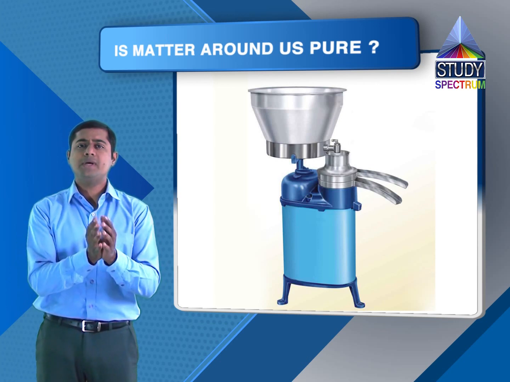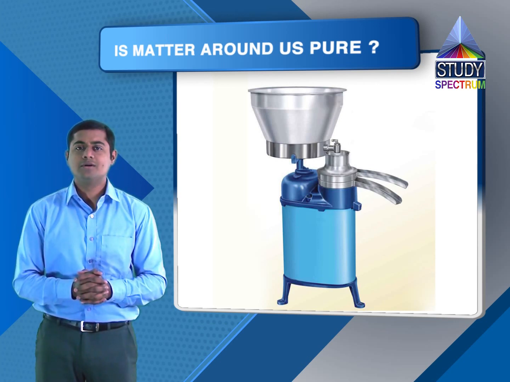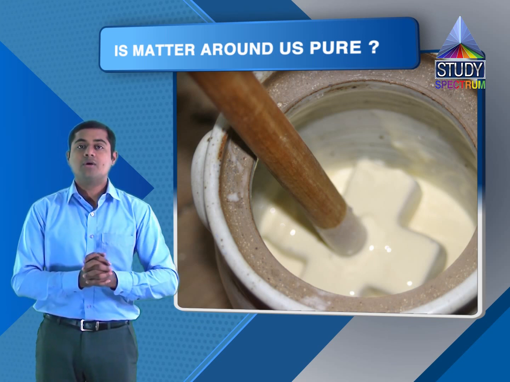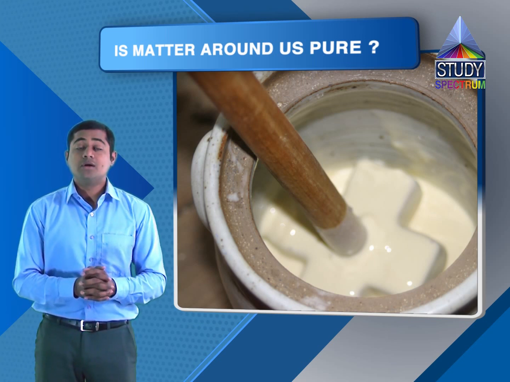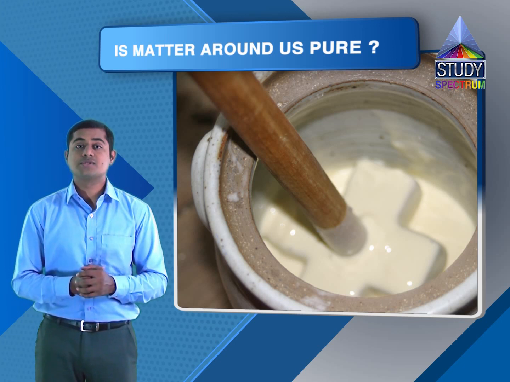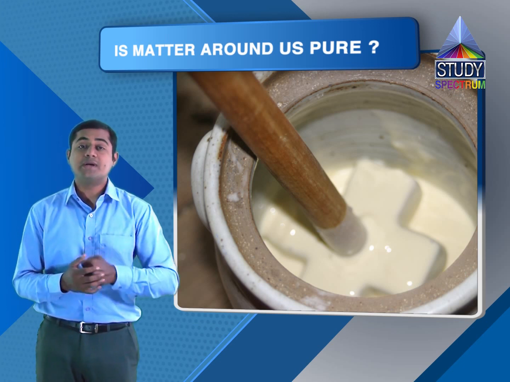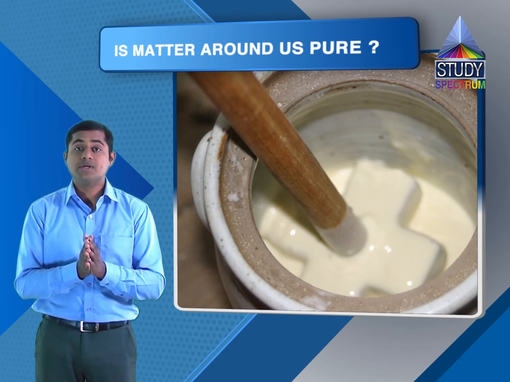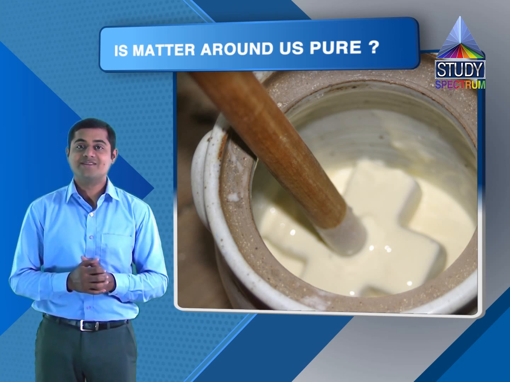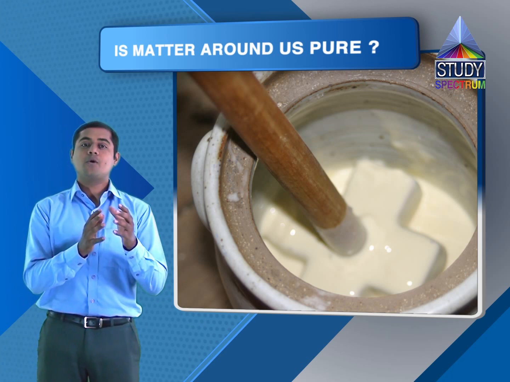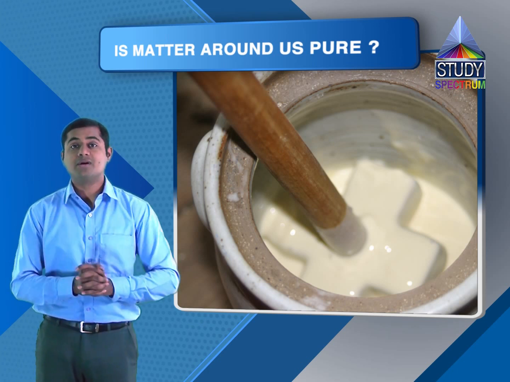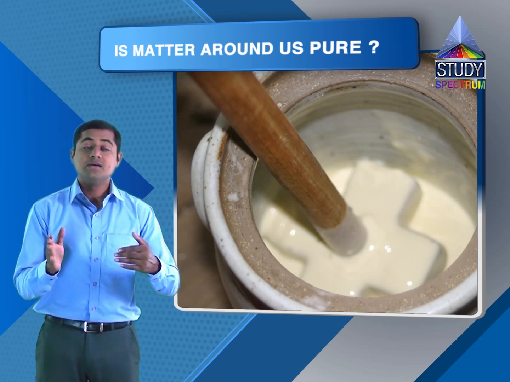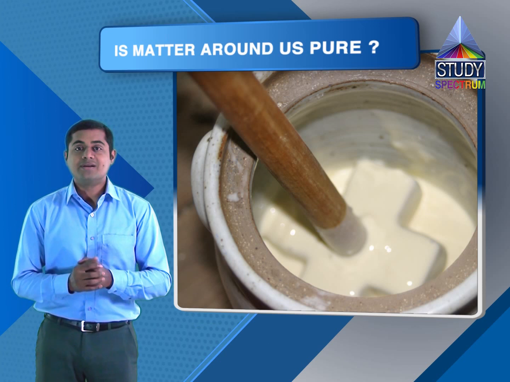You can use a basic churner machine or even a churner stick at home to churn the milk to create this centrifugal force, and just see what you get. You will get the heavier particles of the cream separating out from the milk. This is how, with the help of a centrifuge or maybe a churner, we can separate the cream from milk.